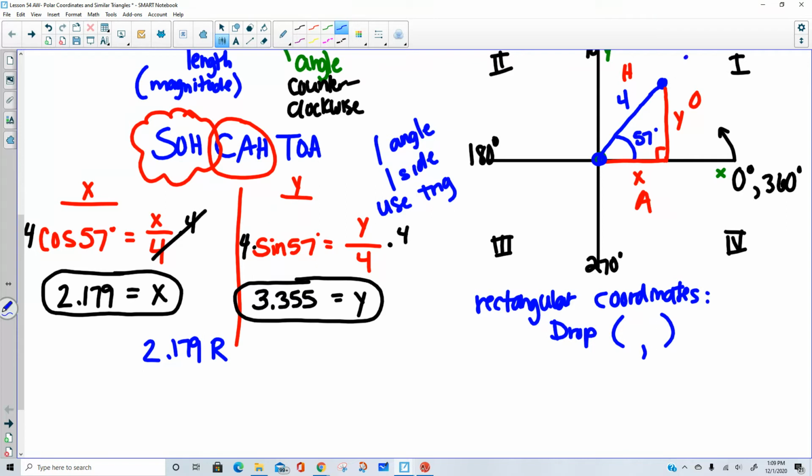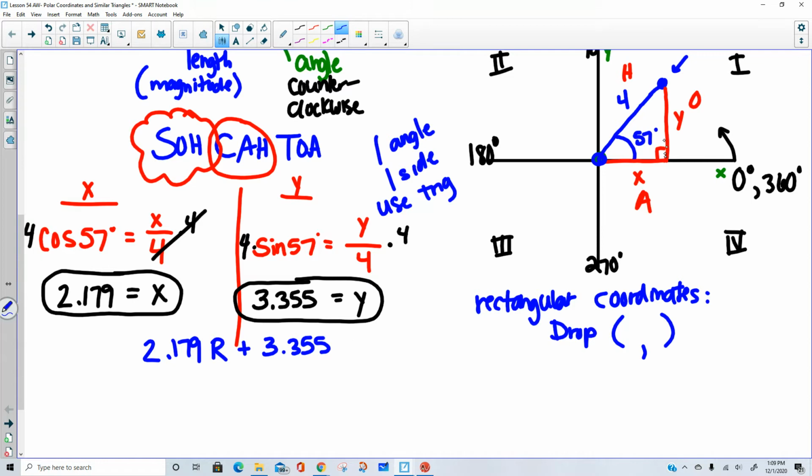Remember, we want to get to this point right here. So we go right and then we go up. How far do we go up? We go up 3.355. So up is plus. If it was down, it would be negative. And then you're going to say the length of what you just found for y. Okay.